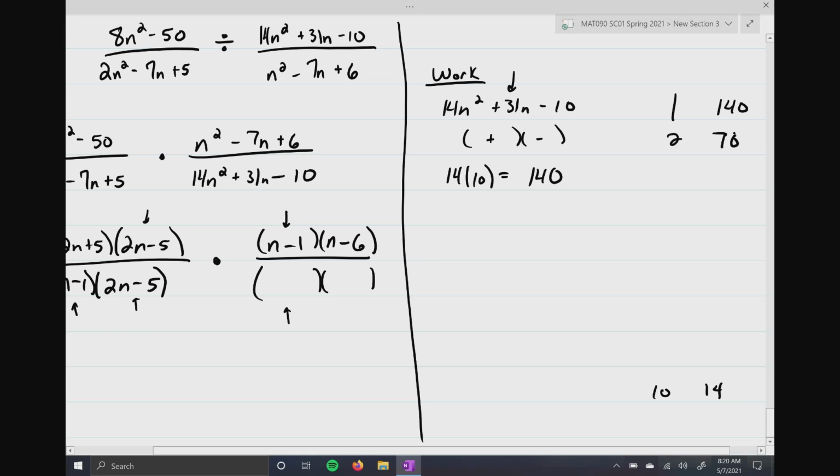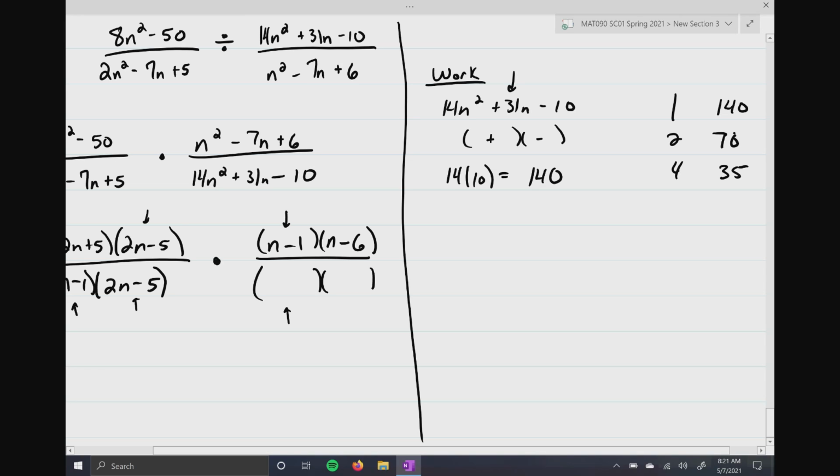All right? So let's see here. 140. Now, I know a 3 is not going to work. Will a 4 work? Yep. 4 times 35. And if you look, I'm going to stop right here, because what I know is they need to combine to give me 31.